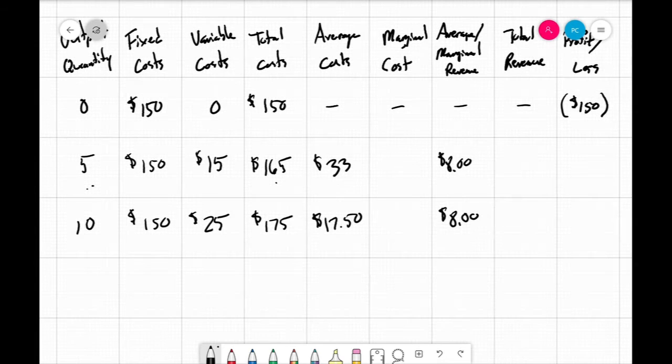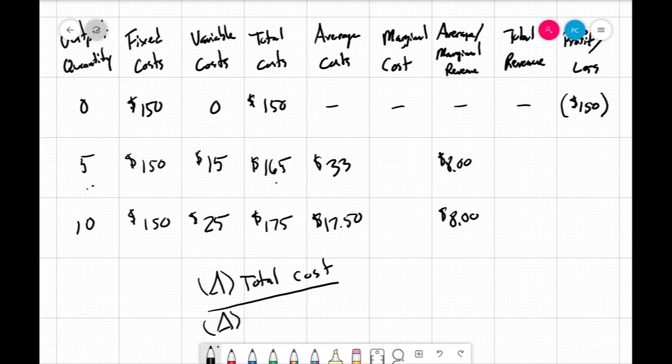So to calculate the marginal cost, you're going to have your change in total cost divided by the change in output. So for this one, you have your change in total cost.